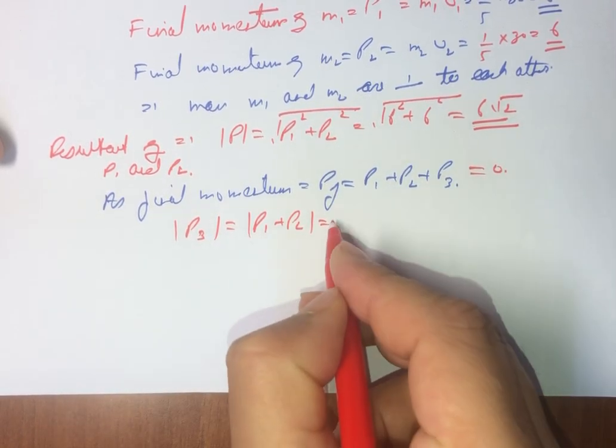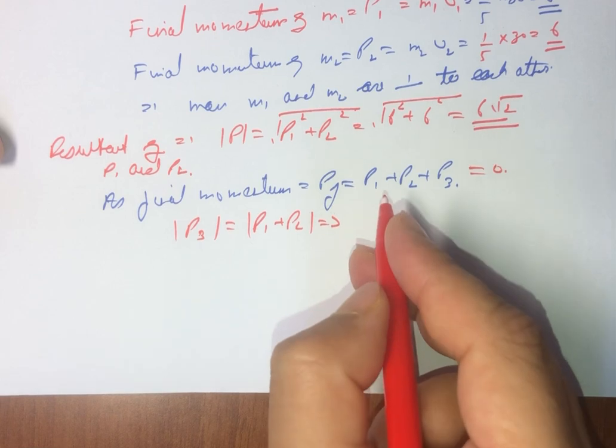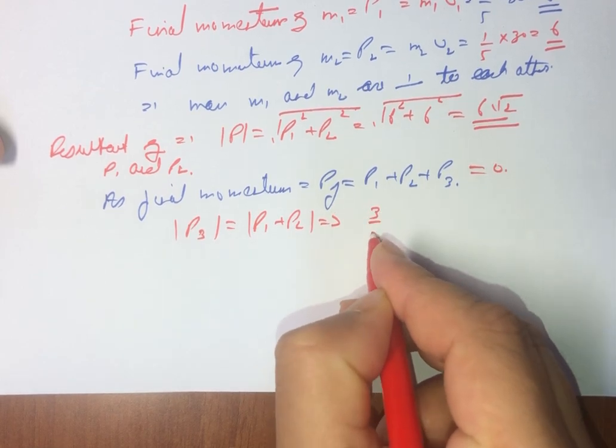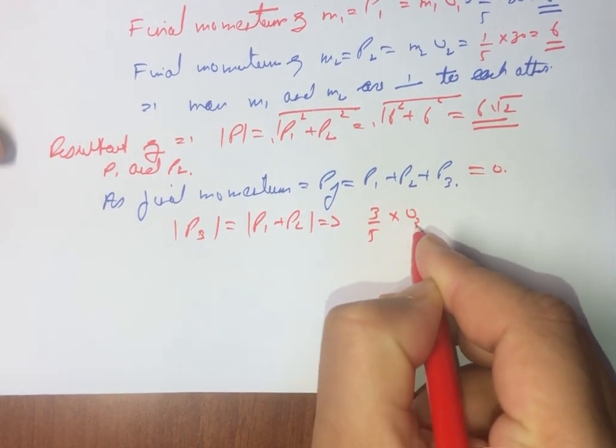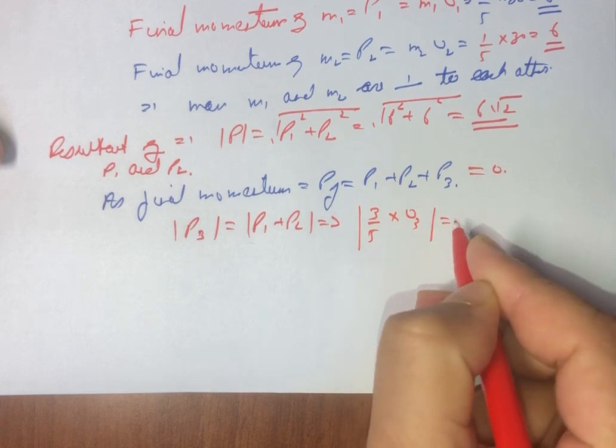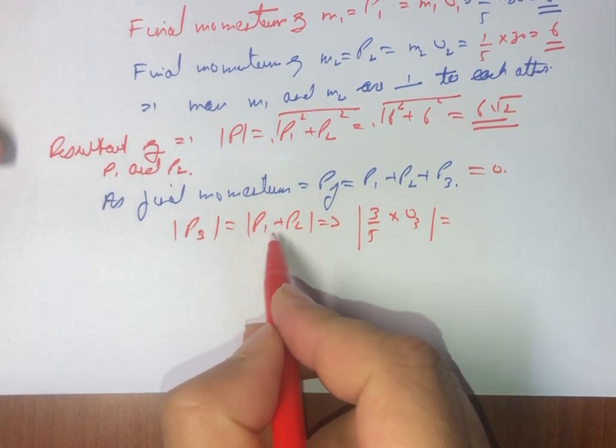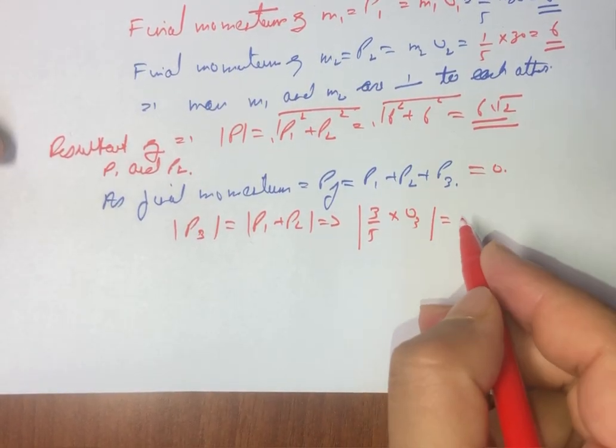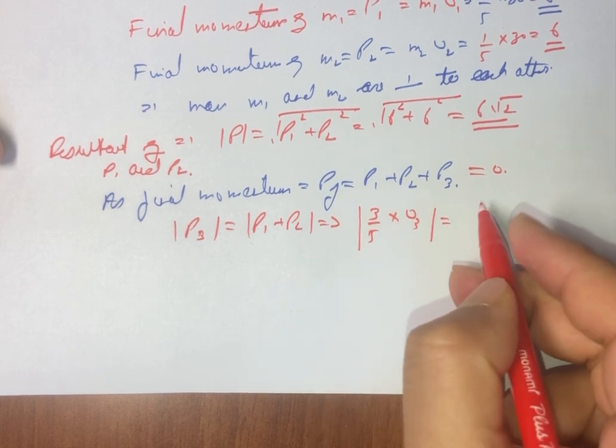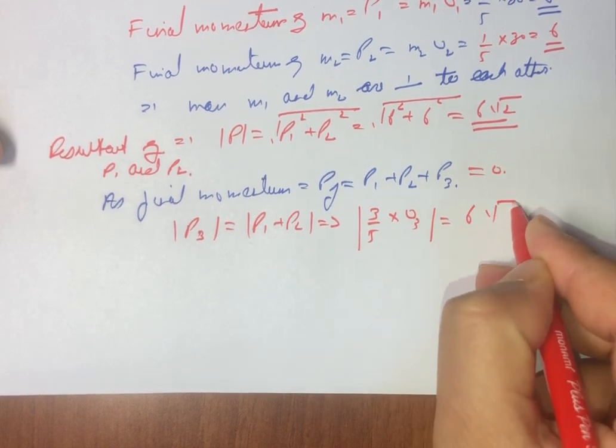Now P3 gives us mass 3/5, and let us suppose velocity is V3, which will be equal to the magnitude of P1 plus P2, which we already calculated, 6 root 2.